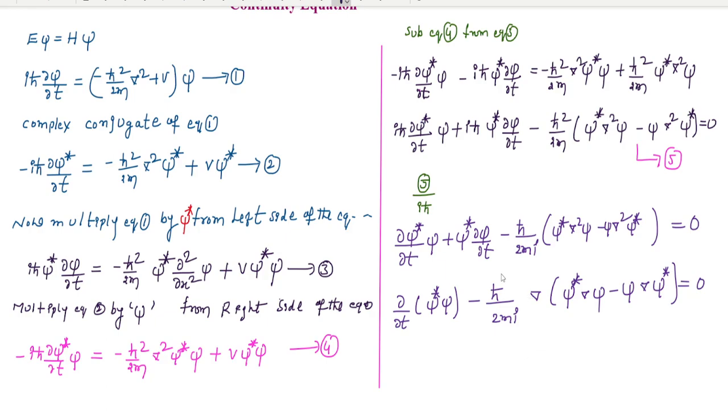So if you carefully observe here, two terms are there. One is the time coordinate, another one is the space coordinate.